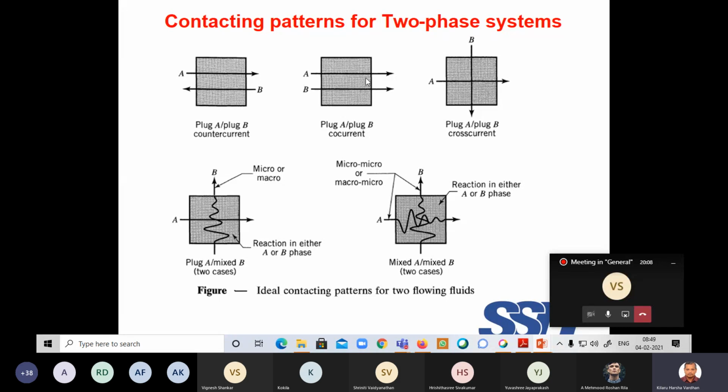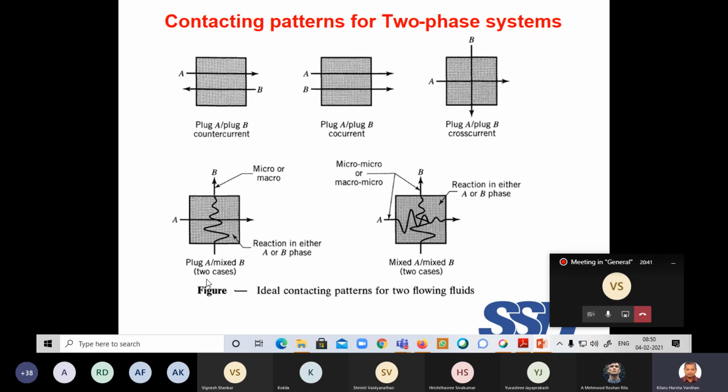In real processes, these are the ideal contacting patterns. In real patterns, it will follow any one of these five. Both A and B can be plug flow. It can go as countercurrent, co-current, or cross current, that is perpendicular. Or one reactant can go as plug flow and the other reactant as mixed flow. Either A is plug and B is mixed, or B is plug and A is mixed.